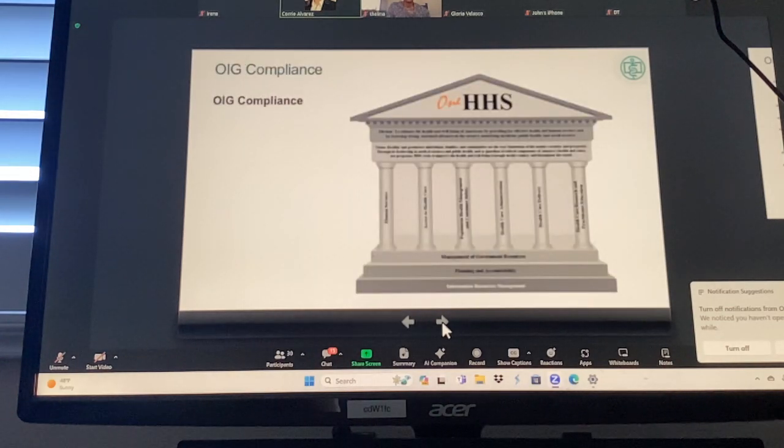The Office of Inspector General is under the Health and Human Services umbrella, and they publish a monthly work plan that we can go in and look at to see what they are going to be auditing, so we can be prepared. So, the work plan.